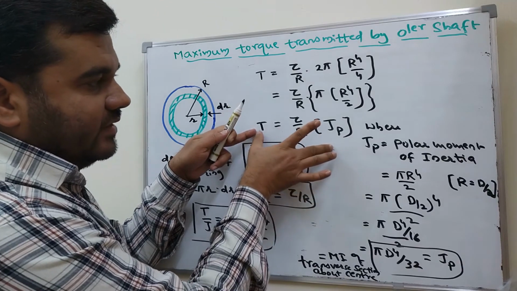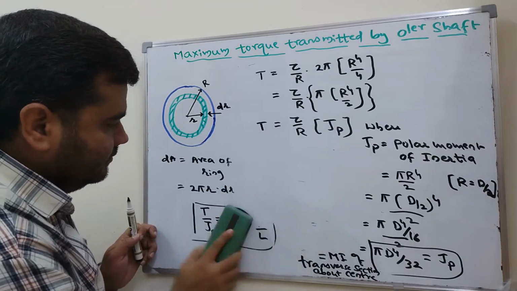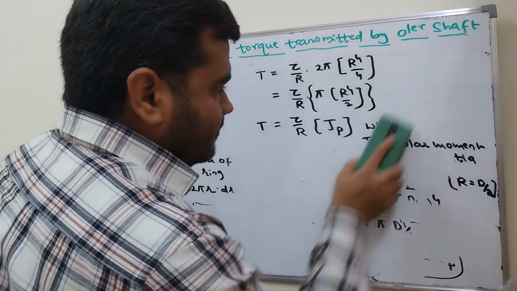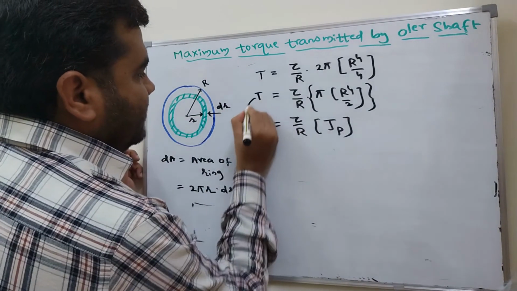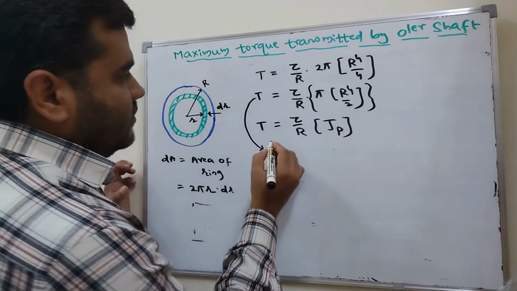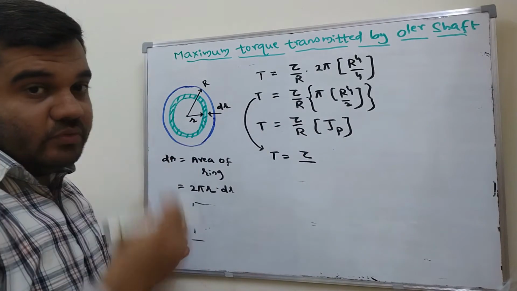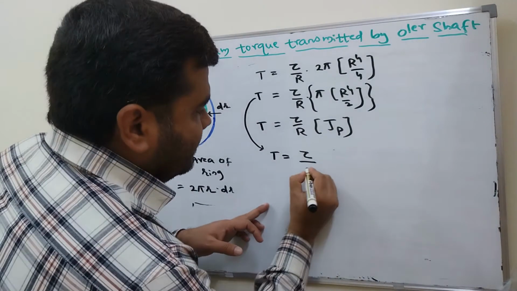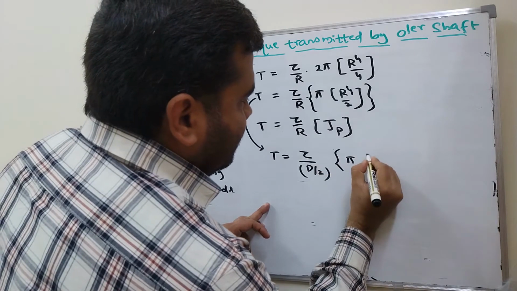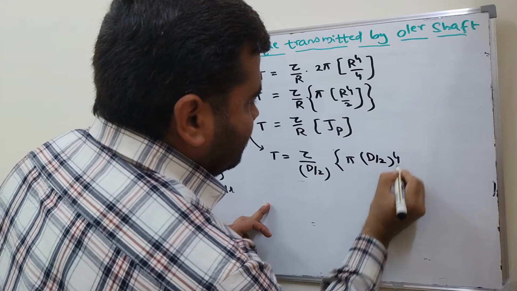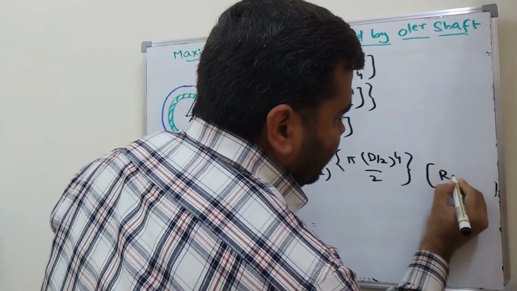What is the total torque developed here? So this is T, right? Now from this one I'll go here. T equal to tau, substitute R equal to D by 2, and next pi D by 2 raised to 4 divided by 2, where R equal to D by 2.